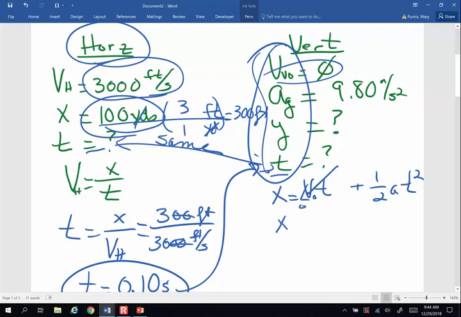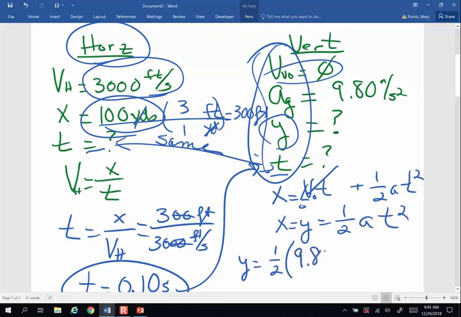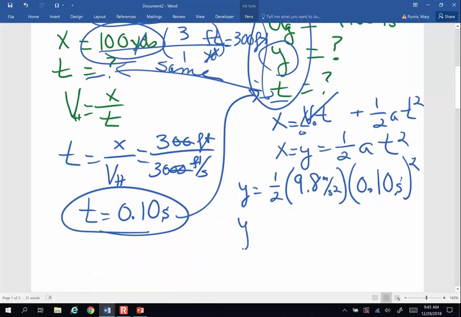And in this case we're talking vertical motion, so that's going to be y = 1/2 at squared. So the displacement is going to be 1/2 times acceleration of gravity, 9.8 meters per second squared, times 0.1 seconds squared.